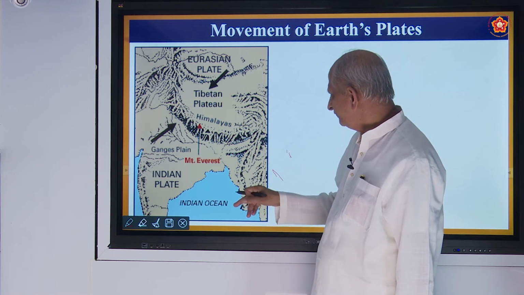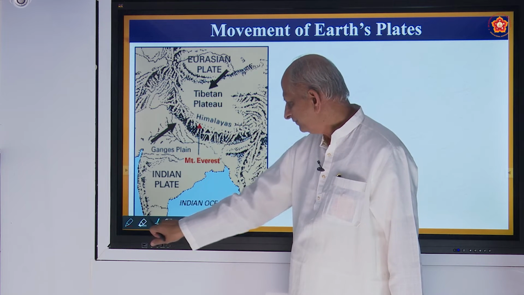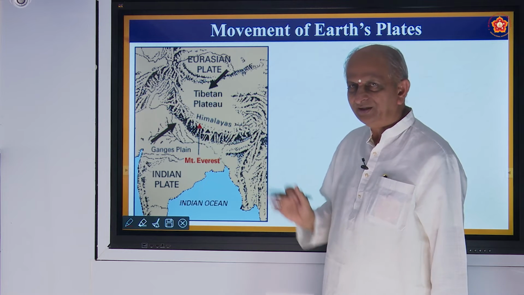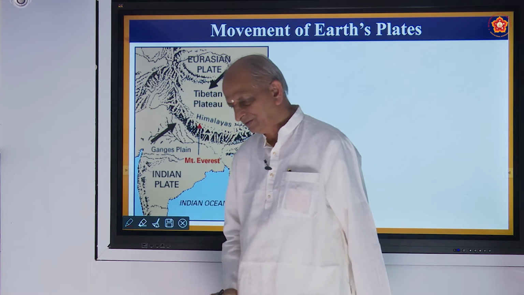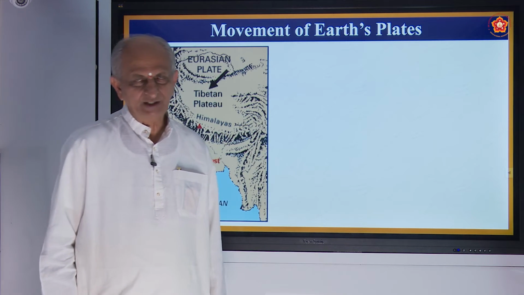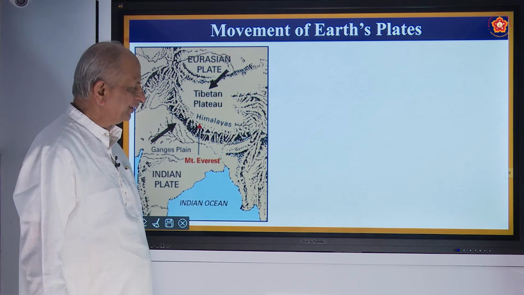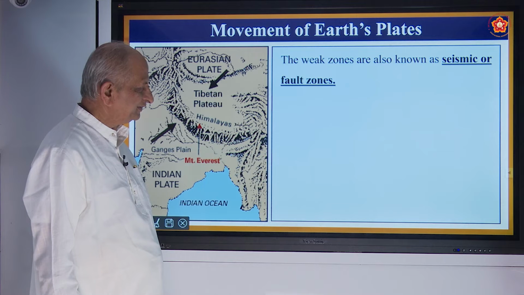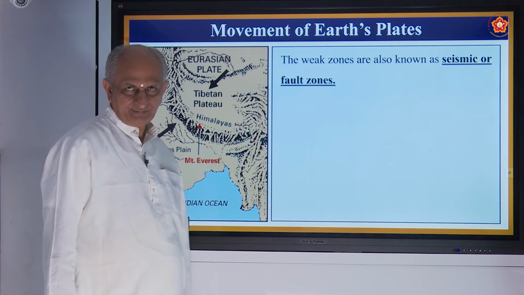And so here what happens is, the layer of the earth where the crust is thin, as I just now told you, it will be 30 to 40 kilometers thick, but in some places it is thinner.